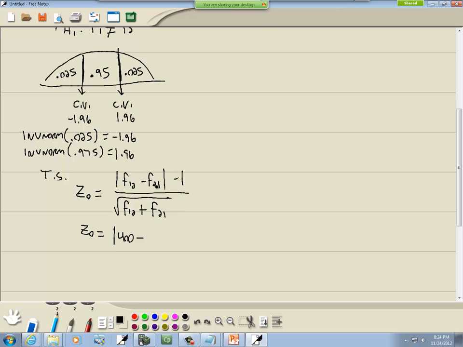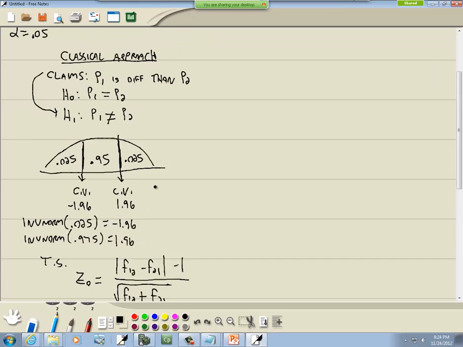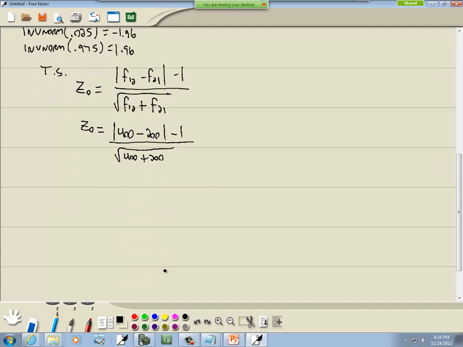Minus F21, that'd be row 2, column 1. It's rows and columns. So row 2, column 1, which would be 200. Minus 1 over the square root of 400 plus 200. Well, 400 minus 200 is 200.